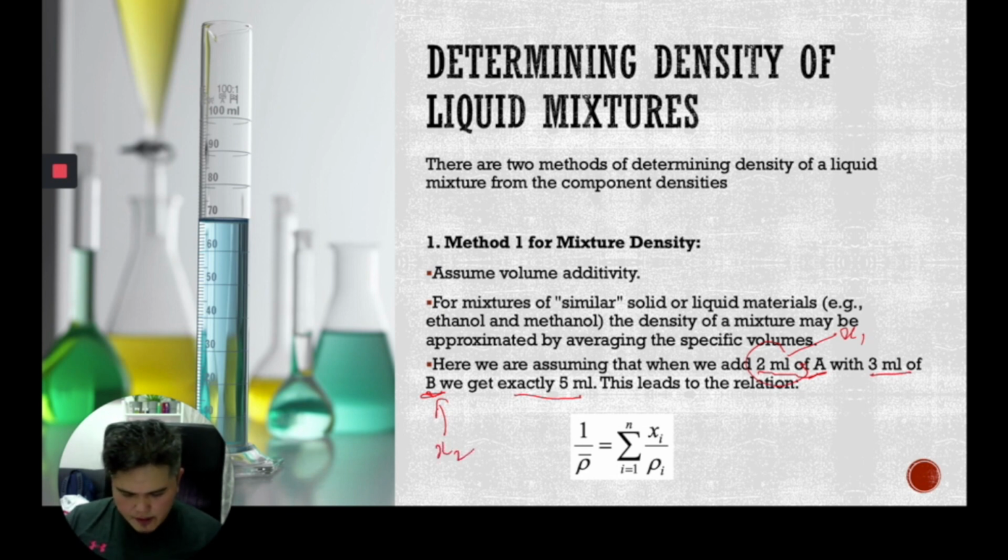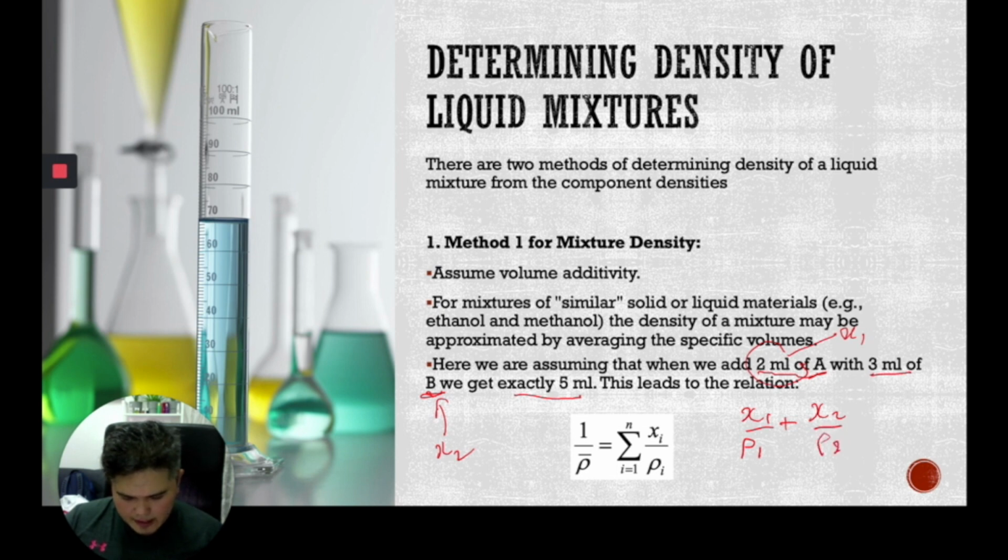In order for us to determine the mixture density for these two components, A and B, it is simply X1 divided by rho 1, which is the density for component 1, added with X2 divided by rho 2.